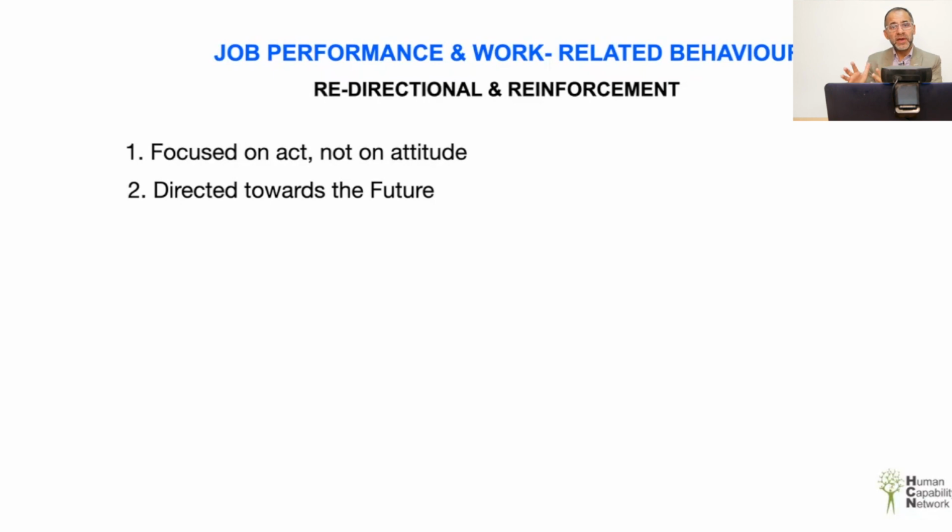Once you have figured it out, the feedback says, okay, what are you going to do in the next 10 letters so that these problems are not repeated? That is what helps the person, whether the typist or anybody, to work on improving those things, and as I said, it helps in achieving the organizational goal.